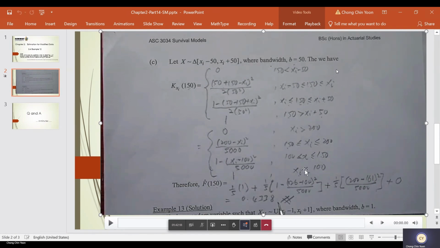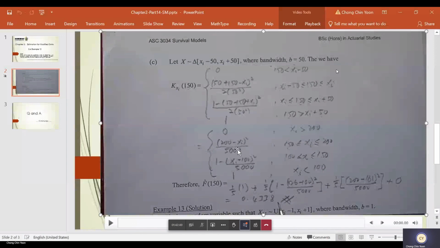Now I want to highlight, class, so please take note and pay attention. This 150 is an overlap, right? It doesn't matter. You can either remove the equal sign on one of them, or just leave it like that, no problem. When it's 150, whichever piece you choose, the result is still the same.